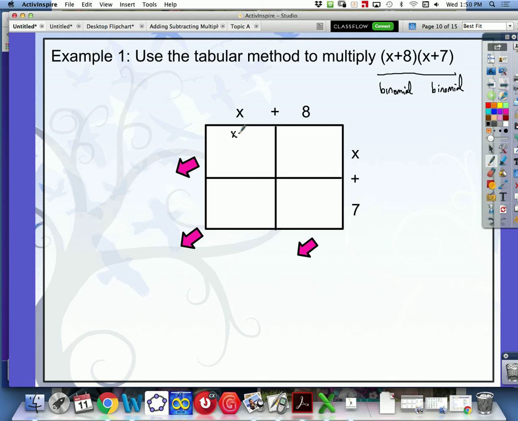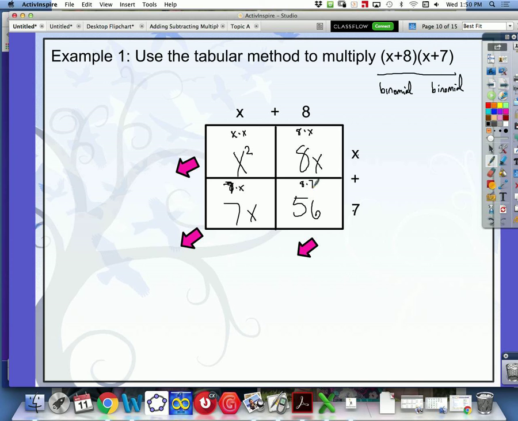This is technically x times x, so x squared. This one is 8 times the x, so 8x. Then we have x times the 7, so that's 7x. And then 8 times 7, which is 56.